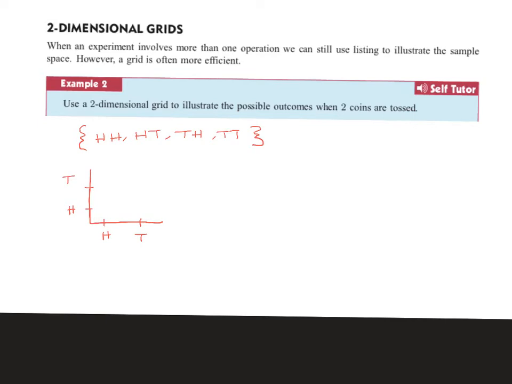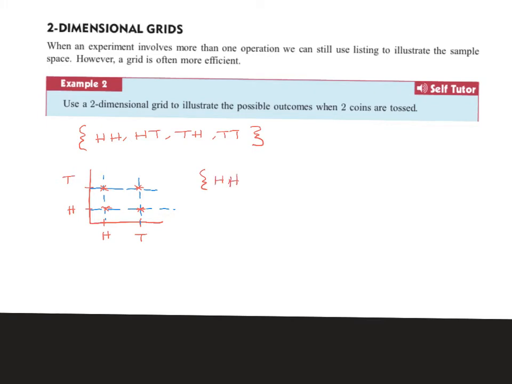Now, what ends up happening if I draw these vertical and horizontal lines is you have these intersections. Well, at these intersections, those are the possible outcomes. So what's one outcome? We read it just like we would a point. So one is heads, heads.